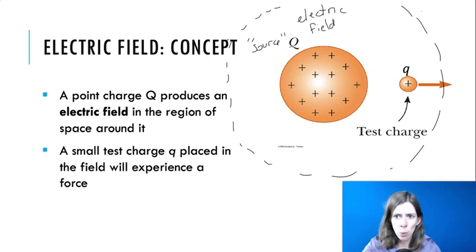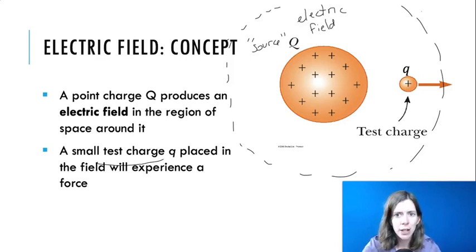Then we're going to put this test charge, which is denoted by little q, inside this electric field that was produced by big Q. Once you put this test charge in here, it's going to experience a force. We call it a test charge because its purpose is always to experience the effect of anything.